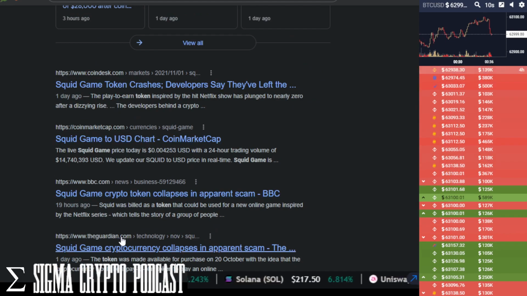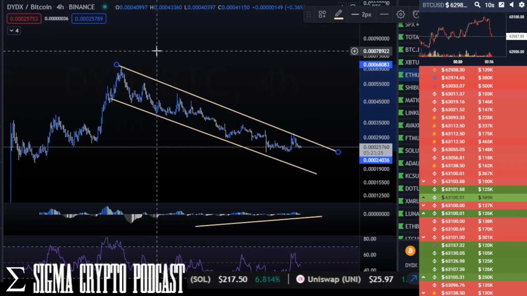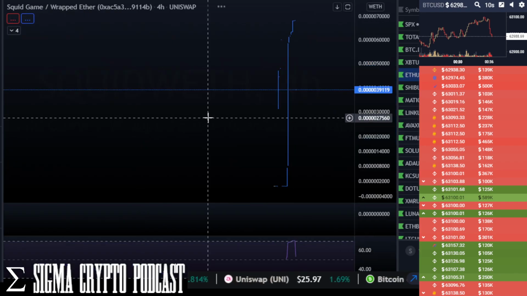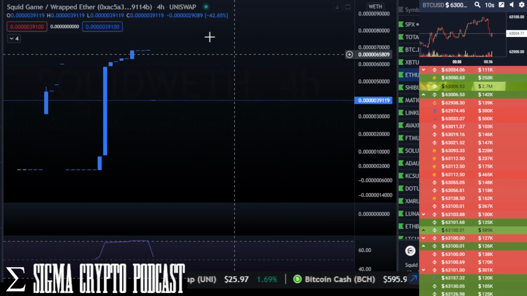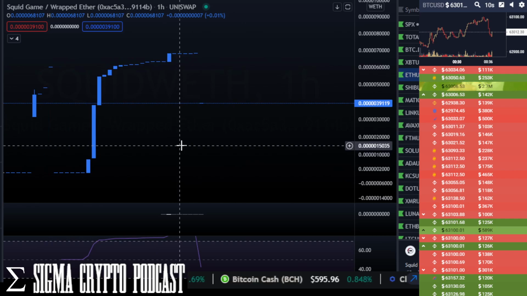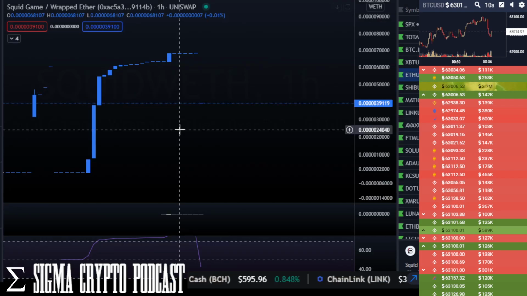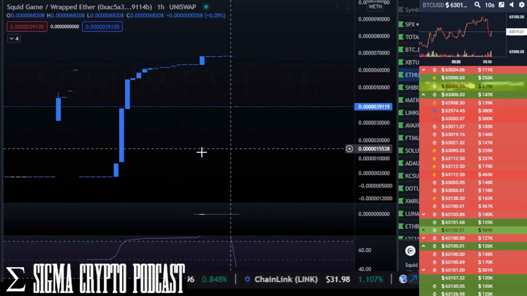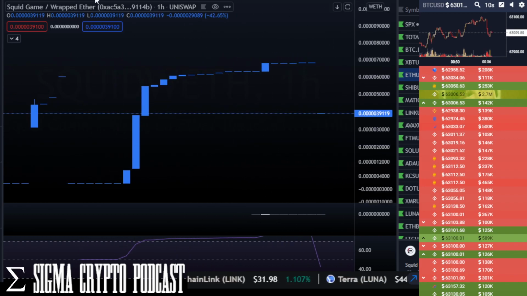Squid Game with wrapped Ethereum is just disgusting looking. Oh, look at the one on Uniswap. Squids wrapped Ether. Look at this. Just zero. This doesn't even look like a chart. It's like some kid drew a squiggle.